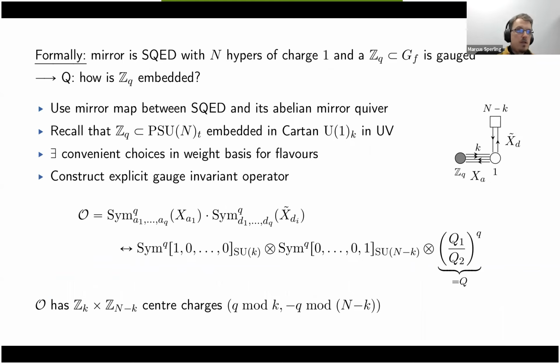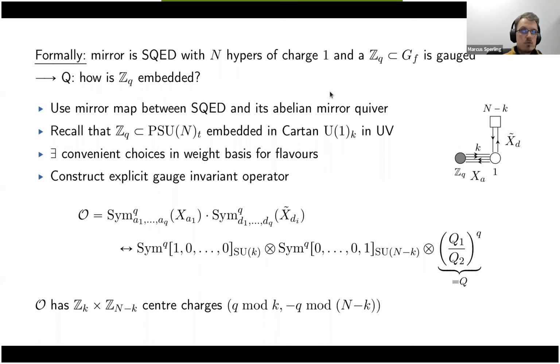Yes. So on the mirror, you need to figure out which Z_Q to gauge, and you need to remember that in the mirror, what you have done is you have selected a topological Cartan in the UV. So you first of all need to go into the IR basis for the Cartan element. So you use the Cartan matrix. And then you can read out how the Z_Q is acting on the fundamental flavors.